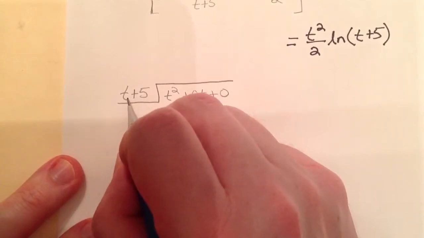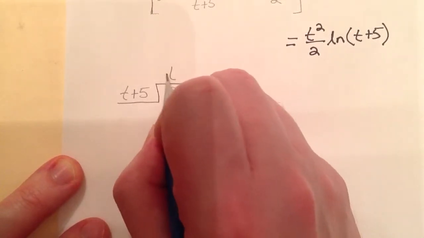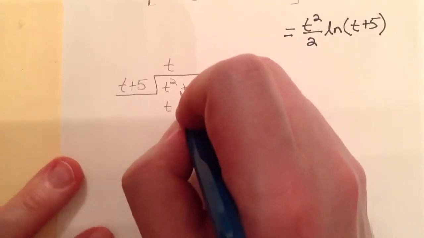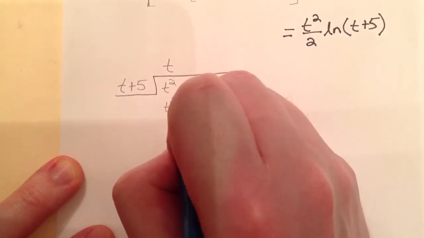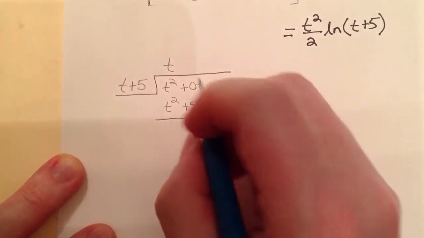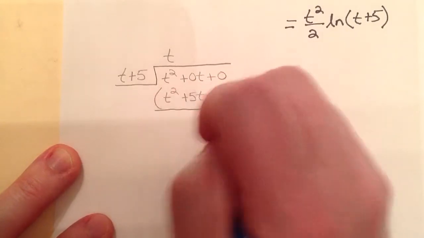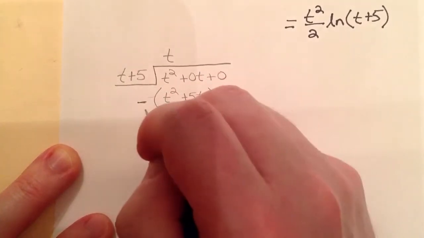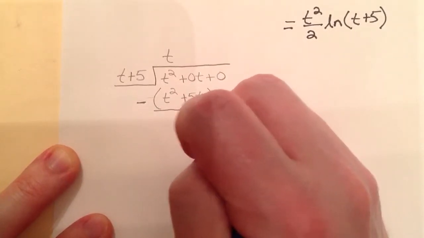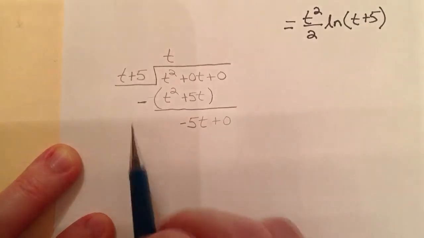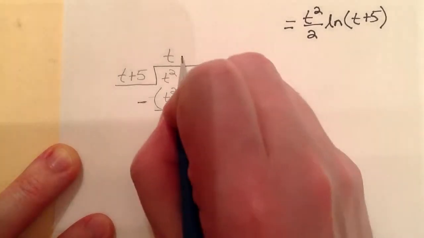So we have the long division. We have t into t squared is going to be t, and t times t plus 5 is going to be t squared plus 5t, and carrying out the distribution of subtraction, t squared will go out, and then we have minus 5t. We can bring down the 0, and then we have t into negative 5t is going to be negative 5.